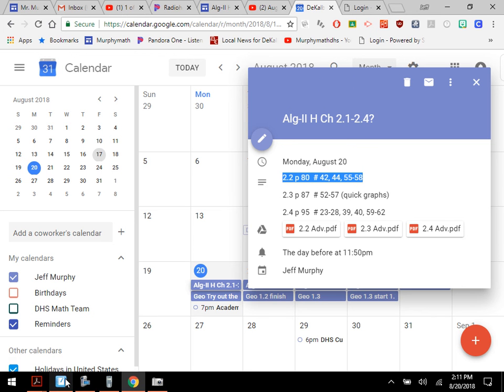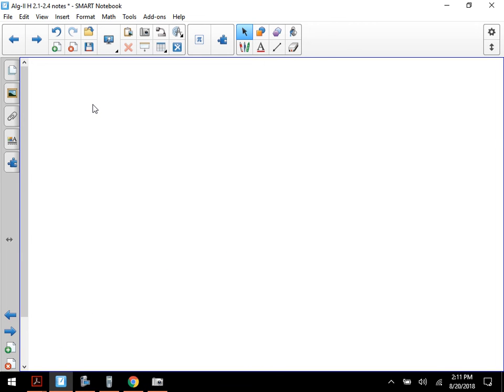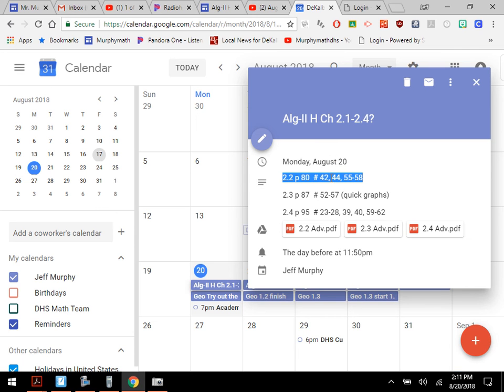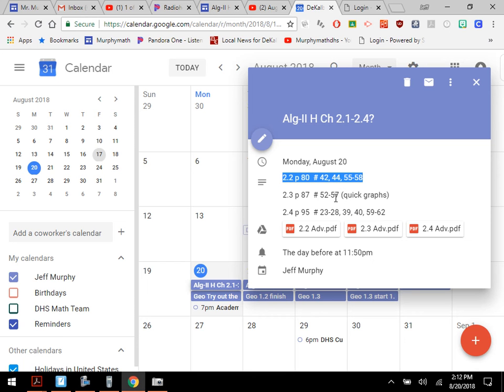We will get into more of that stuff tomorrow. And then the 2.2 graph is right here, okay? It shouldn't take you more than 6 to 7 minutes.